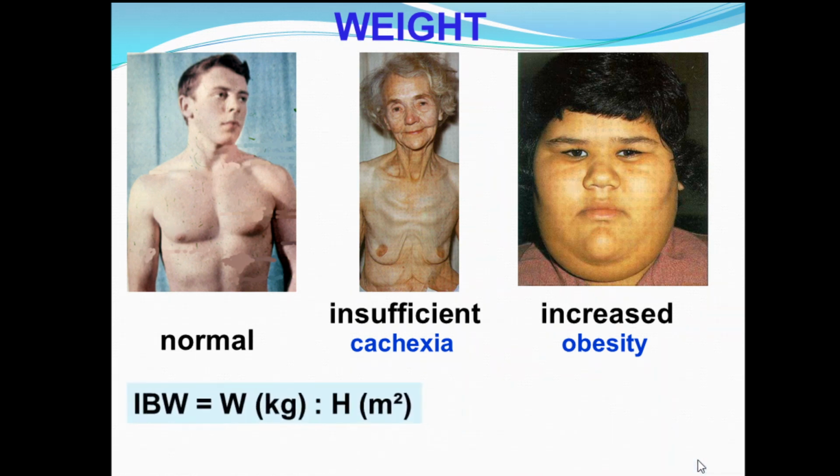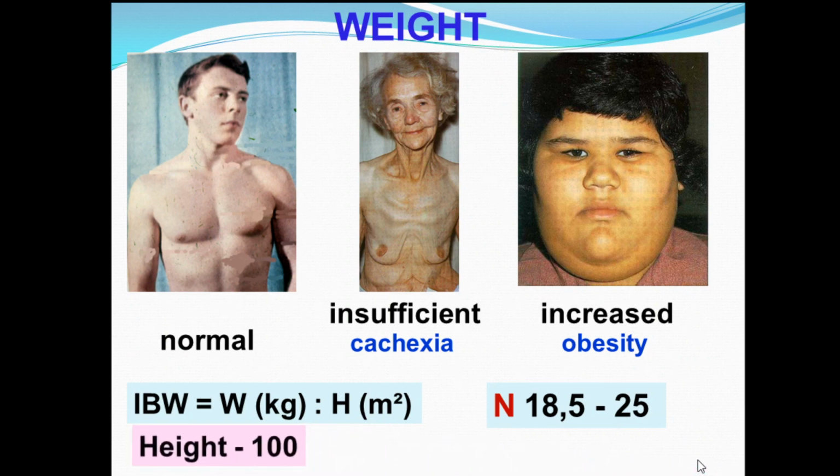Usually, we assess weight with different formulas, but more often we use the body mass index, which is counted when we divide the weight of the patient measured in kilograms by his height in meters squared. Normally it varies from 18.5 to 25. If less, we are talking about insufficient weight. If it's increased, we are talking about obesity.